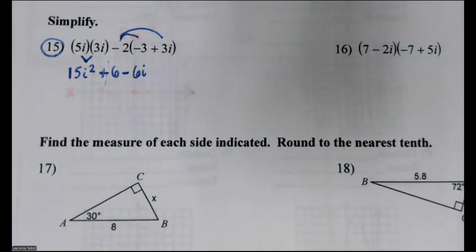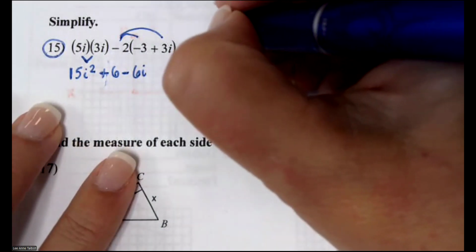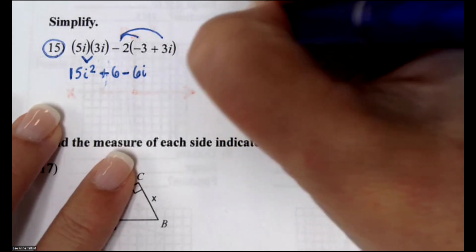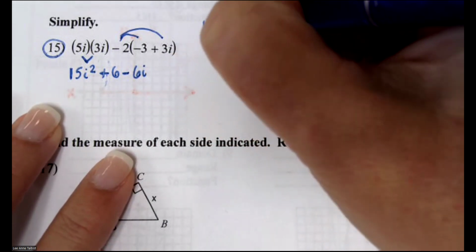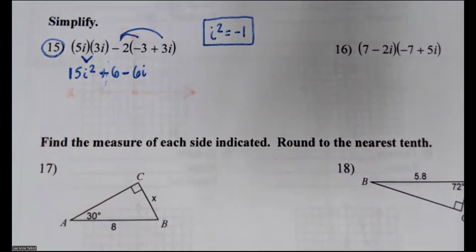minus 6i. Okay, now if this problem had any other letter in it besides i, this would be done. But it's not done because it's i. i is special, it's a number. So I want to remind you, this is the fact you need right here. That's the fact that you need to be able to complete this problem. i squared is equivalent to -1.